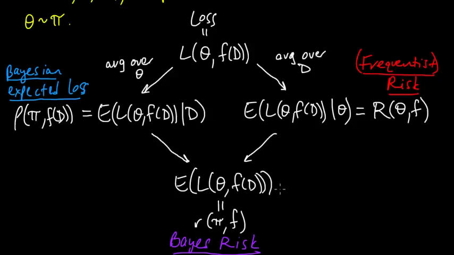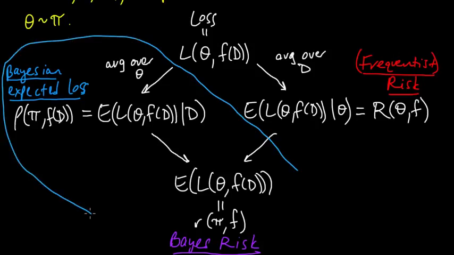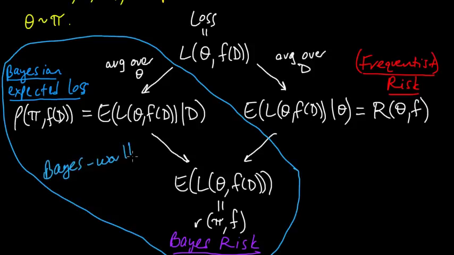On this side, let me draw a big oval. This blue side here, let's call this Bayes world, or Bayes land. Over here, we're in Bayesian world because we've averaged over theta.